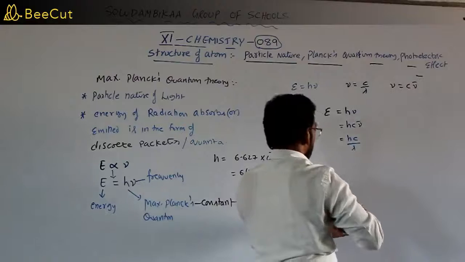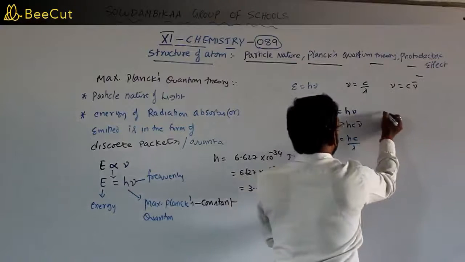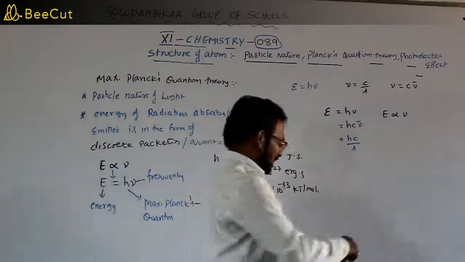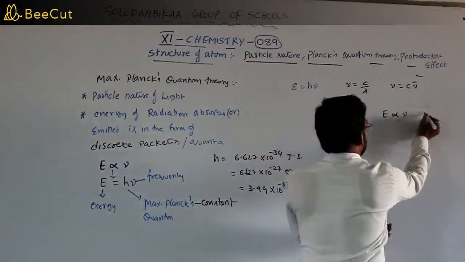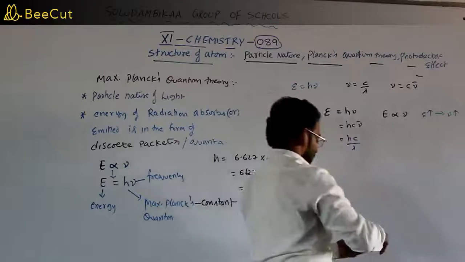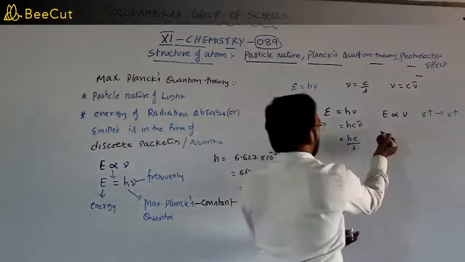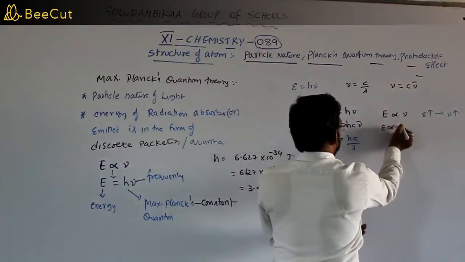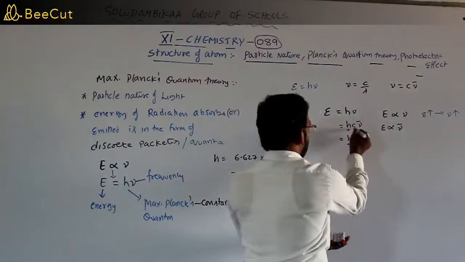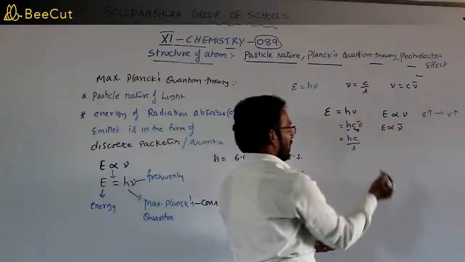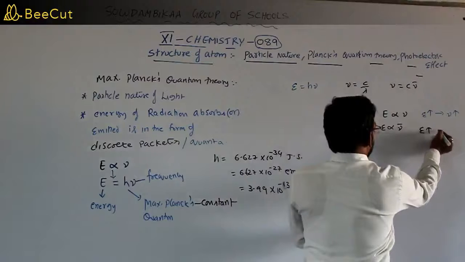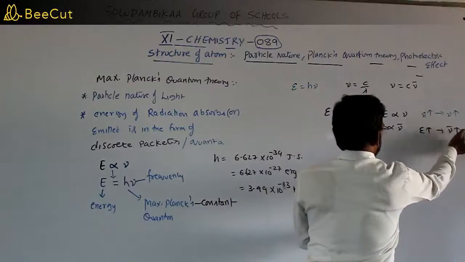From here one can draw the information that E is directly proportional to nu. That means as energy increases, frequency also increases. In the second case, E is also directly proportional to nu bar, as Planck's constant and velocity of light are both constant, so as energy increases, wave number also increases.